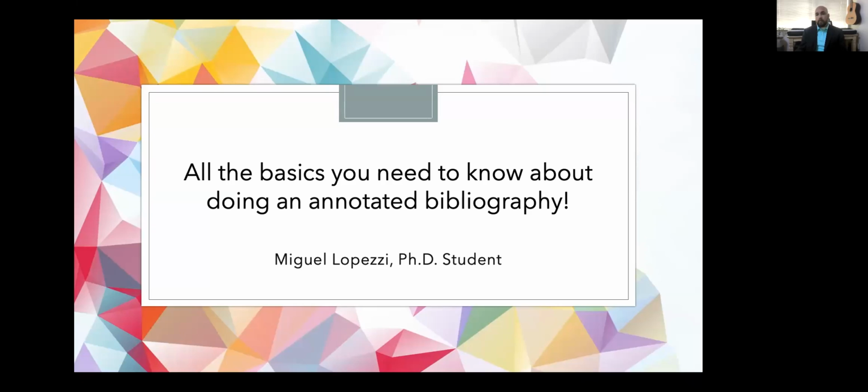And today I'll be going over all the basics you need to know about doing an annotated bibliography. So let's get started here.